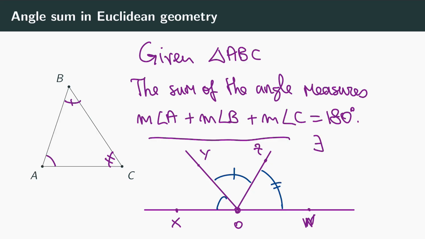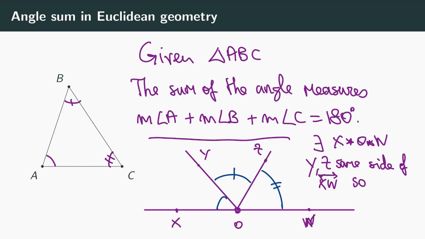So there exist X, O, W, and rays, let's say Y and Z on the same side of the line, so that the angle XOY is congruent to the angle in A, the angle YOZ is congruent to the angle in B, and the angle ZOW is congruent to the angle in C. Right, this is a tedious way of saying the same thing.